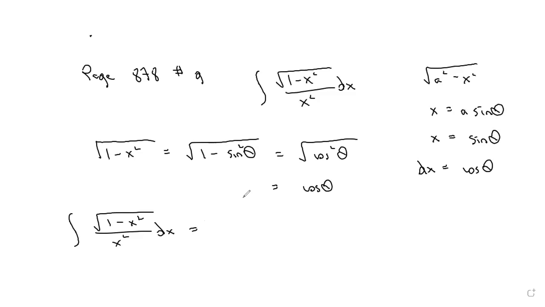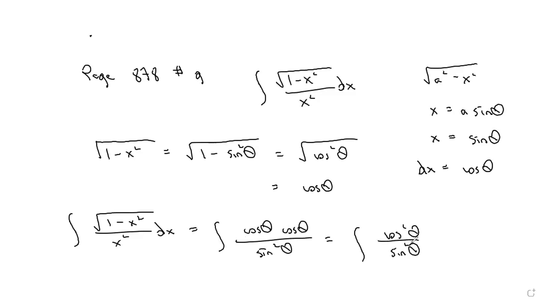So the integral of, top should be cos theta, dx should also be cos theta, and the bottom, x squared, should be sine squared theta. For the top, I'm just going to write cos squared since we got a cos times cos right there. Cos squared theta over sine squared theta.